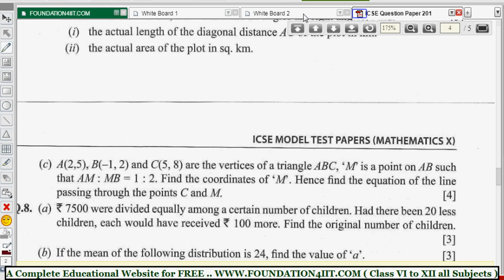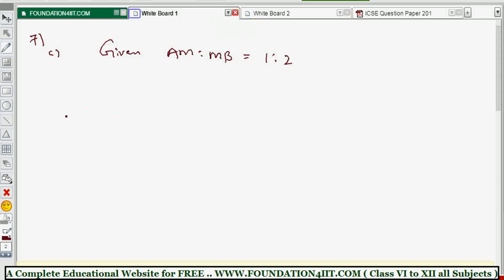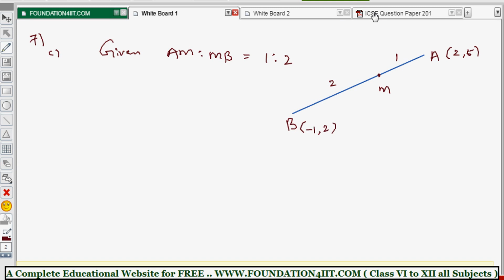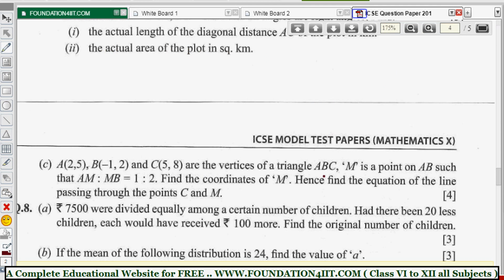That means you can take only the line AB. So M is the point on AB, that is 1 is to 2. So A to M is 1 and this is 2. A is (2, 5) and B is given as (-1, 2). So you need not take C here, because M is only the point on AB such that AM to MB is 1 is to 2.